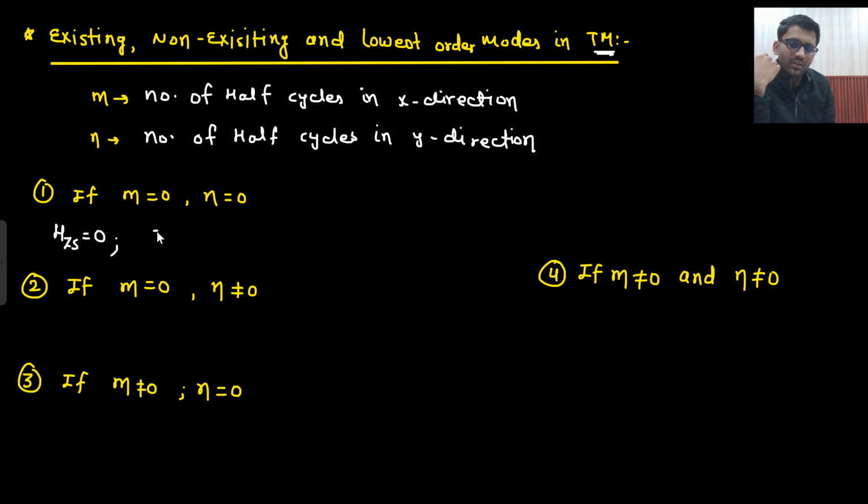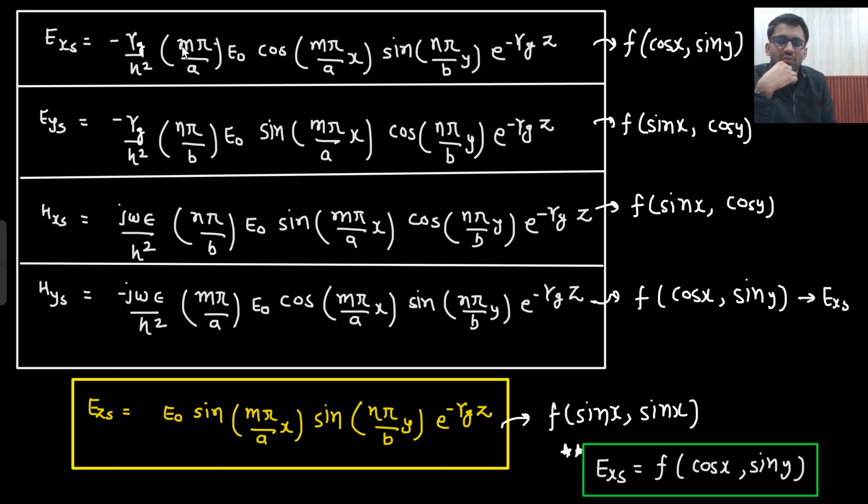Now let's talk about EXS. If M is 0 and N is 0, so if M is 0, EXS is 0, because if you put 0 here, this will be completely 0. What about EYS? If N is 0, this will be 0. If M is 0, this will also be 0. So all these are 0.